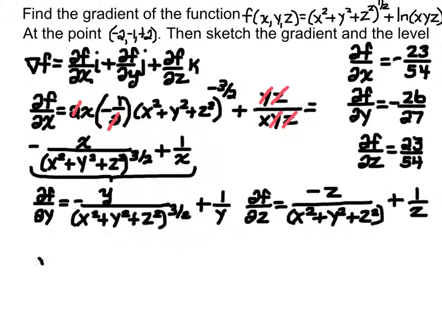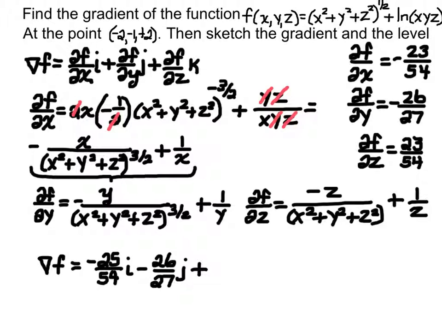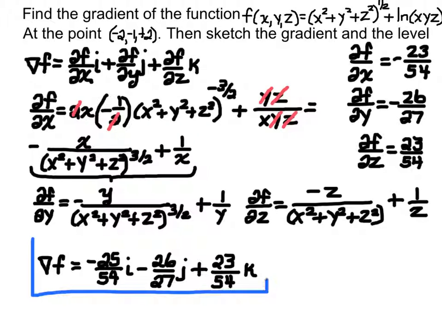So the gradient of f is -23 over 54 in the i direction, minus 26 over 27 in the j direction, plus 23 over 54 in the k direction. And let's put a box around our final answer.